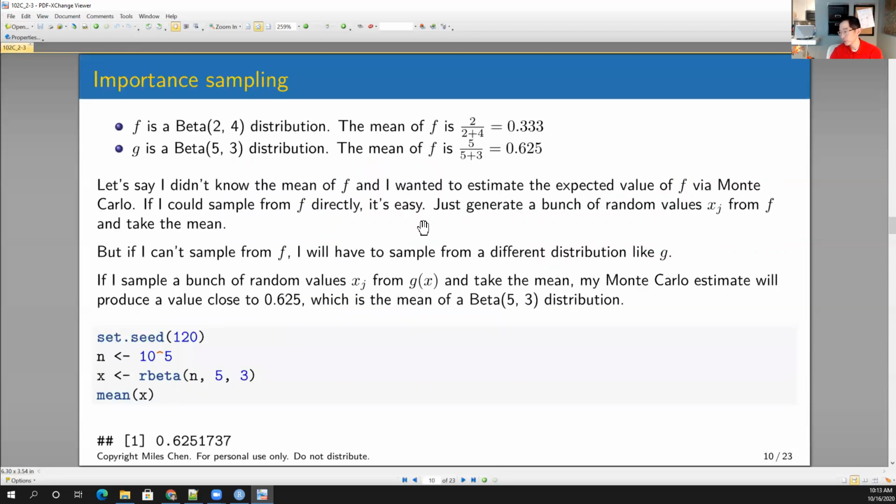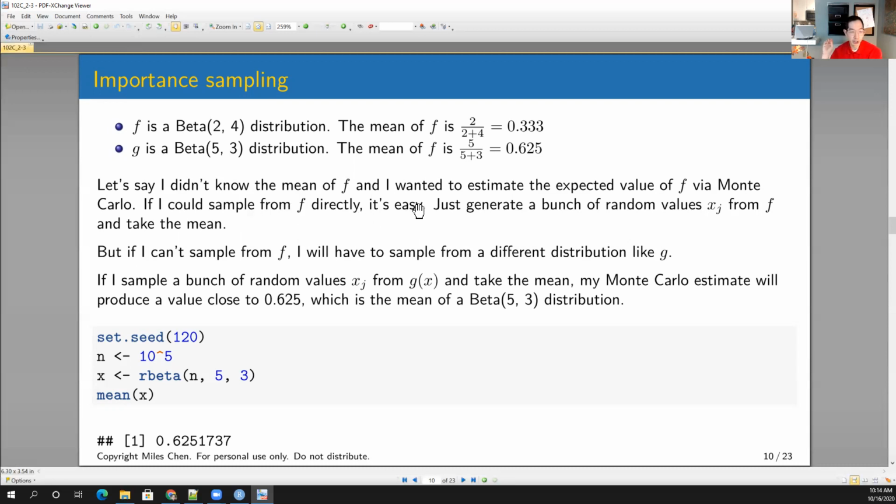The mean of the blue distribution is 0.333. The mean of the red distribution is 0.625. Again, we're going to pretend we didn't know these. This is the analytical answer. Let's say we don't know the mean of f and we want to estimate the expected value of f via Monte Carlo. If we were able to sample from f directly, it's easy.